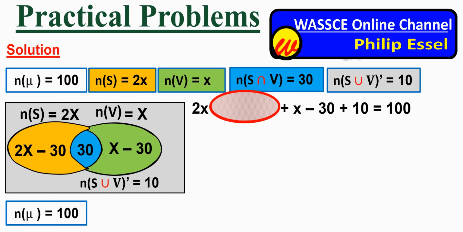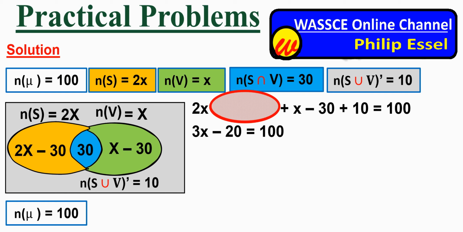We'll therefore have 3x minus 20 equals 100. To find the value of x, we would have to move the negative 20 to the right side of the equation, and it will be positive 20.